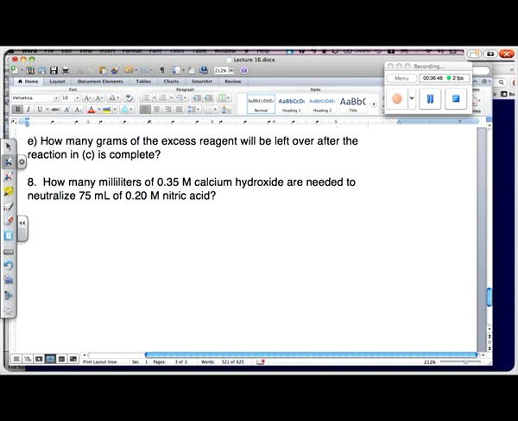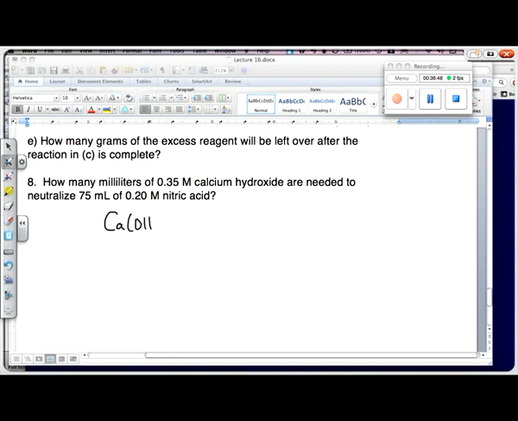So calcium hydroxide is reacting with nitric acid. It comes from nitrate, so there's my formula. Nitrate has a -1 charge. It's a double replacement. The hydrogen goes with the OH to make water. And I see that I have 2 OHs here, so I'm going to end up needing 2 of these, I know.